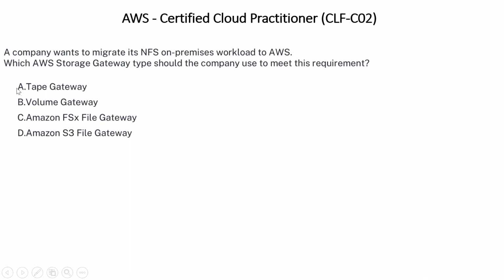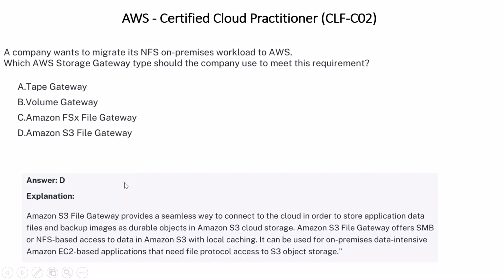Next question. A company wants to migrate its NFS on-premises workloads to AWS. Which AWS Storage Gateway type should the company use to meet this requirement? The options are option A, tape gateway, option B, volume gateway, option C, Amazon FSx file gateway, option D, Amazon S3 file gateway. The correct answer is option D, Amazon S3 file gateway.